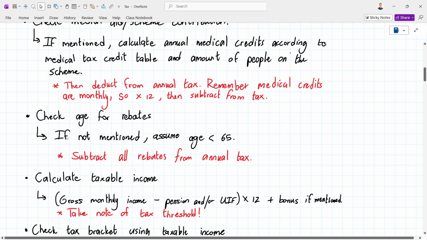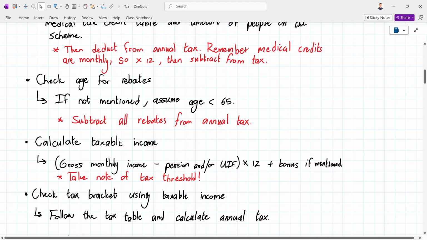Now, rebates essentially comes from, yeah, I'll show you later where the rebate amount comes from. It is calculated according to a specific amount. Okay? You need to calculate the taxable income.